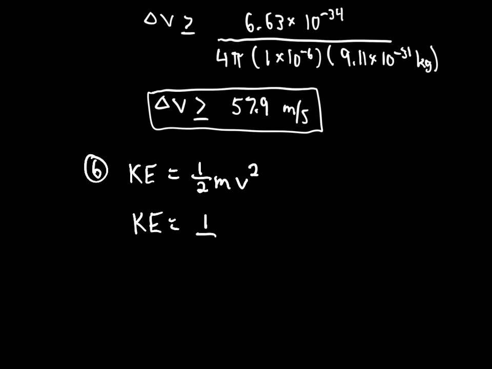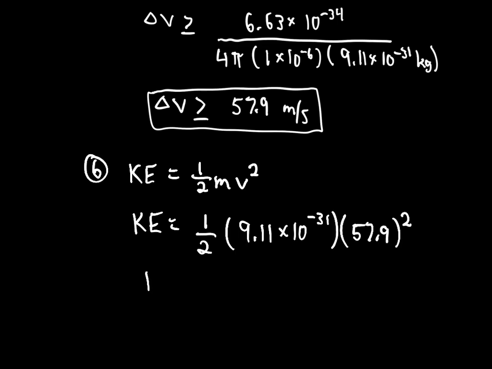It never goes away until you graduate, then you'll never see it ever again. 9.11 times 10 to the negative 31 times 57.9 quantity squared, and kinetic energy is 1.53 times 10 to the negative 27 joules.